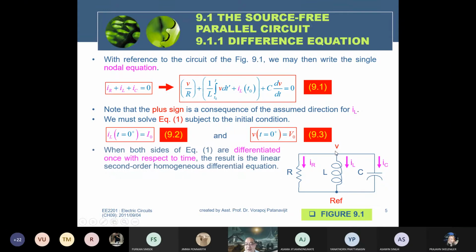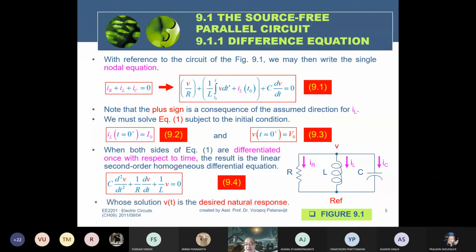Differentiating both sides of equation 1 with respect to time, the result is the linear second order homogeneous differential equation shown in equation 4. The unknown of this differential equation is in terms of V.